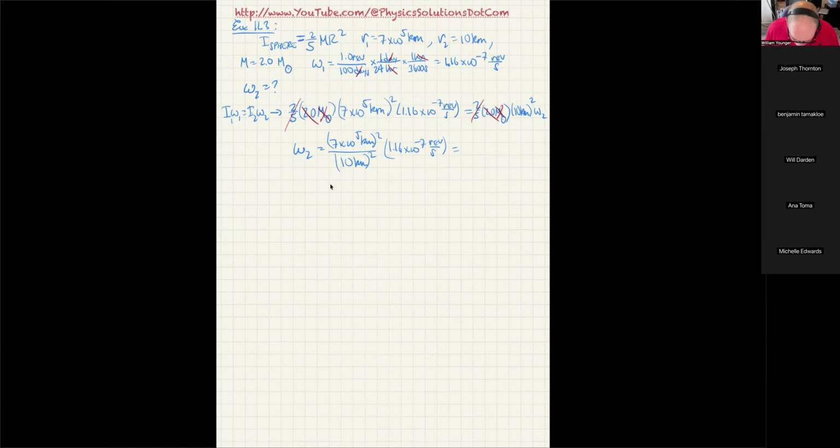So I'm multiplying that times 1.16 times 10 to the negative seventh, which gives me 568.4 revolutions per second. And we only had two sig figs, so I had to underline the rest of that.